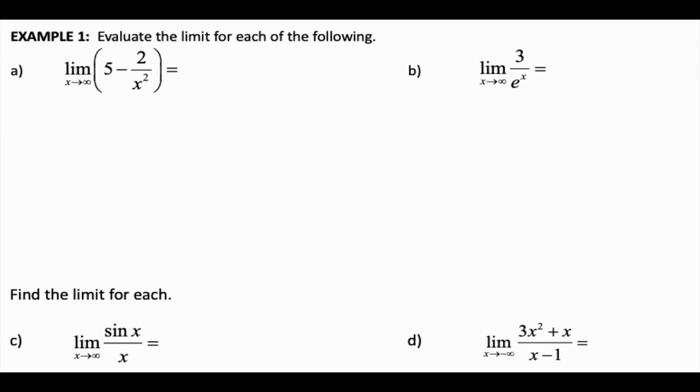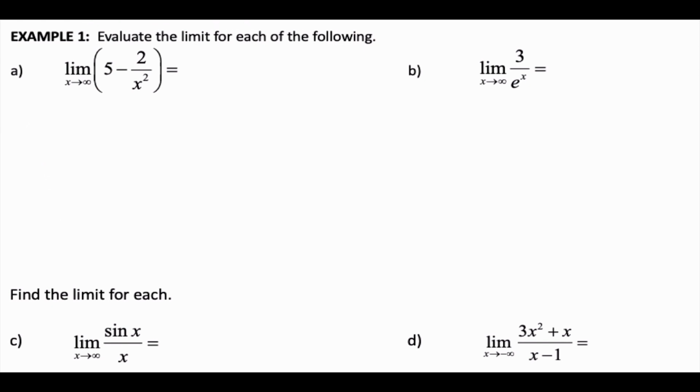So this is a binomial, right? 5 minus 2x squared. So one of the things we can do is break them up, because essentially I'm trying to find the limit as x approaches infinity for both.